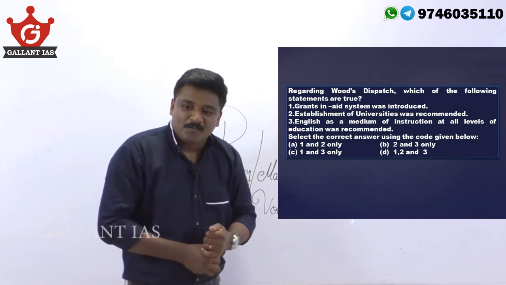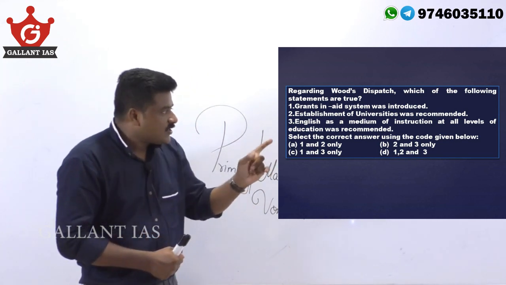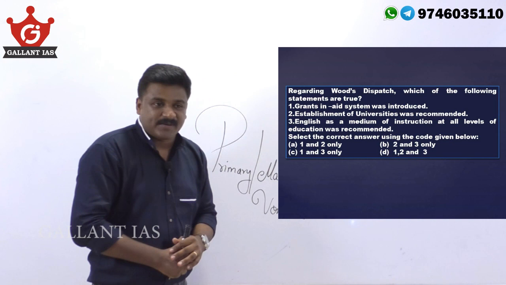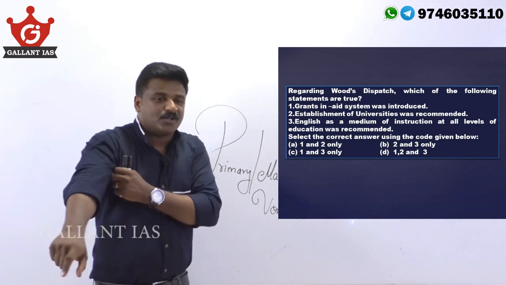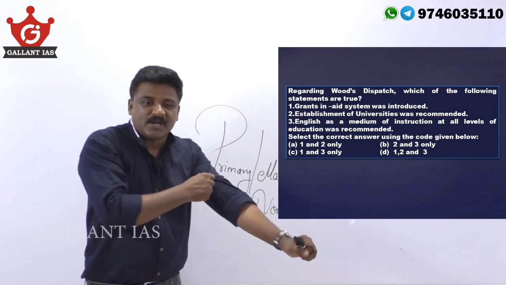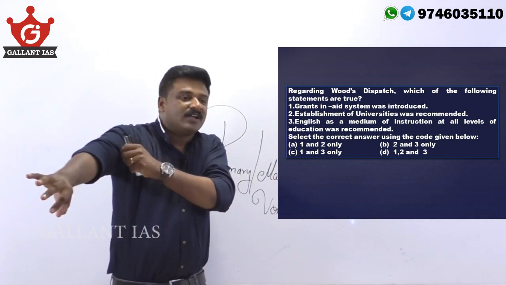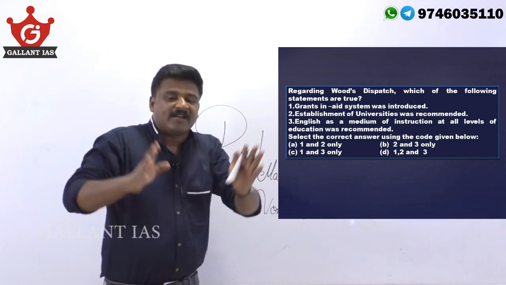Primary education is not possible. So here it says, English as a medium of instruction at all levels of education was recommended. At all levels of education. But at primary education, definitely for facilitating primary education, mass education, it used vernacular languages.